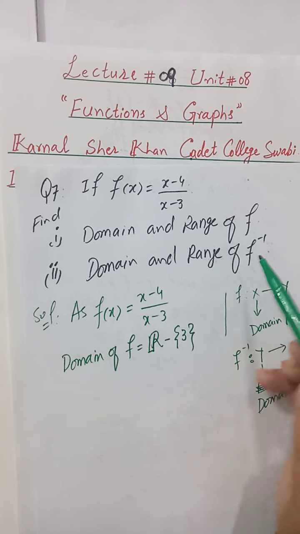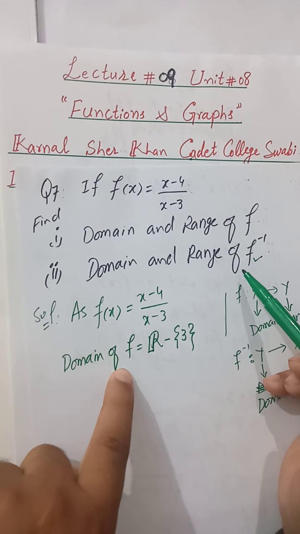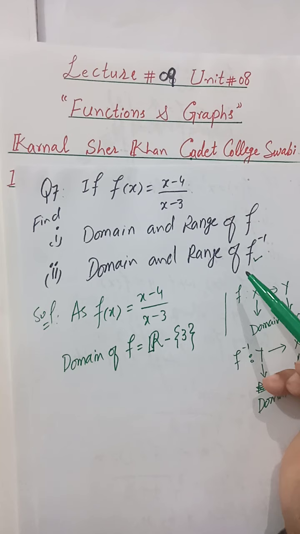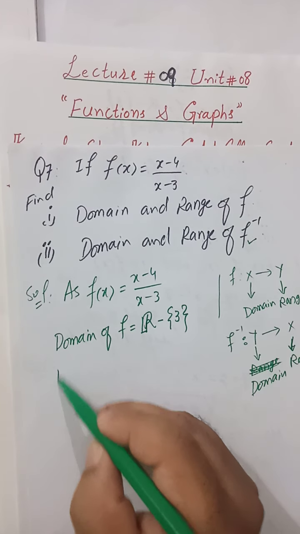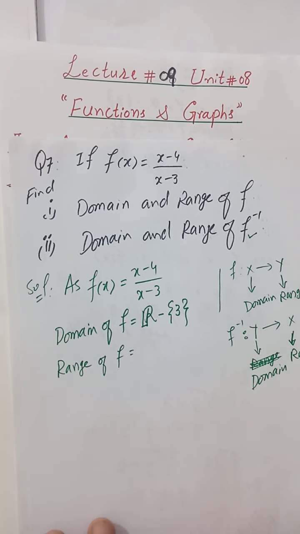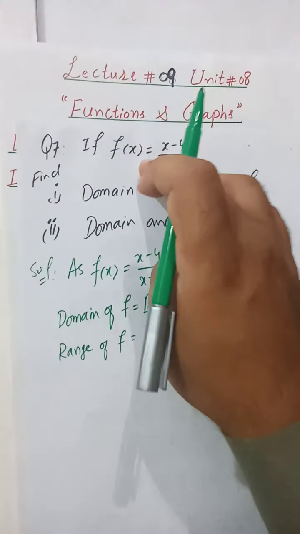Now at this stage you don't need to find the range of this function. You just need to calculate the inverse function and then look at the domain of the inverse function. The domain of that inverse function will be the range of this function, and the domain of this function is actually the range of the inverse function. So what will be the range of f? You don't need to calculate it here. First of all, you need to find the inverse of this function.